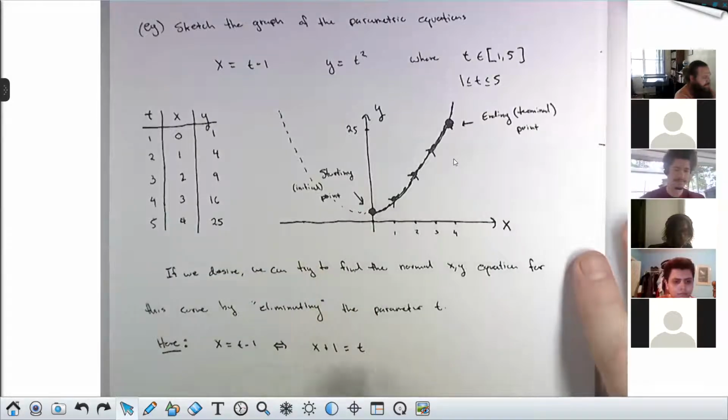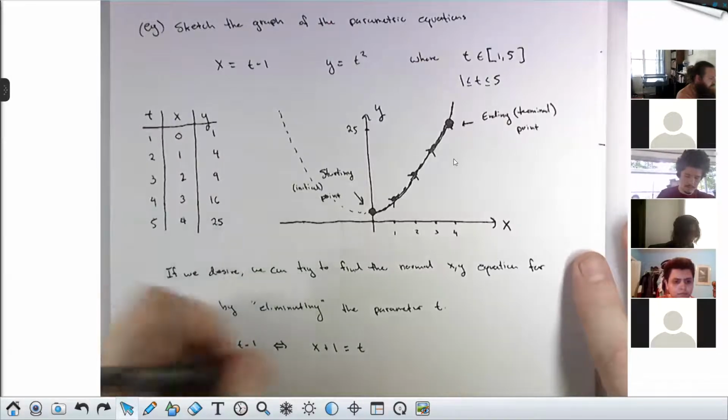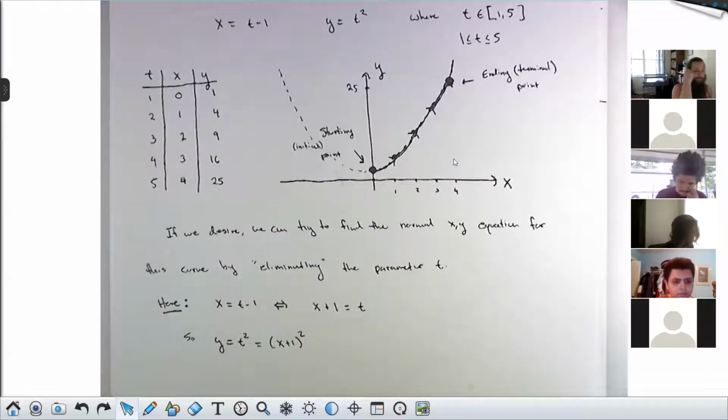So our first step, if we want to eliminate the parameter, is to solve one of the equations for t, and then plug it into the other one. So y, which is t squared, would be equal to x plus 1 quantity squared. And that is actually our parabola here. This is y equals x minus 1 squared. All right, sorry, x plus 1 squared.